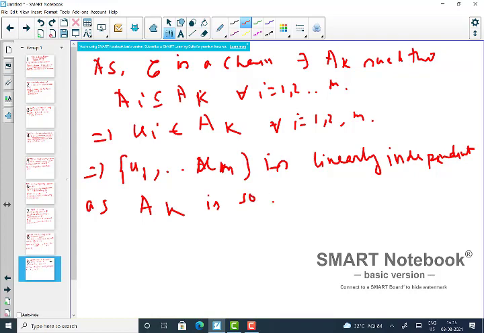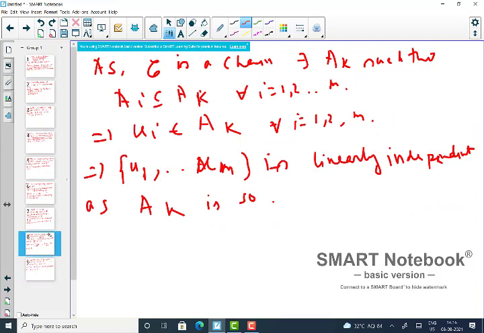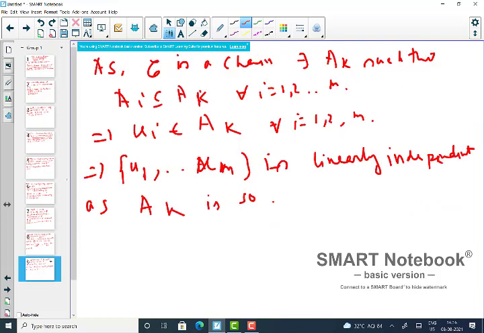So this u1, u2, ..., um is linearly independent. Now once you have a linearly independent set, and then if you have this kind of equation, the sum of ci ui for i equal to 1 to n equal to 0, maybe this is equation star. Thus from equation star, what do we have? We have the ci's are 0, right? For all i.